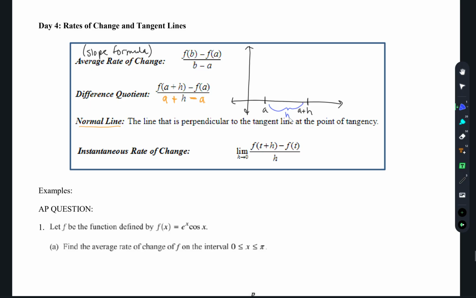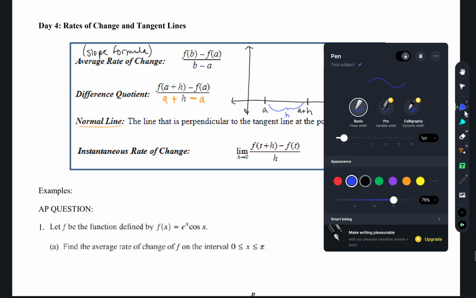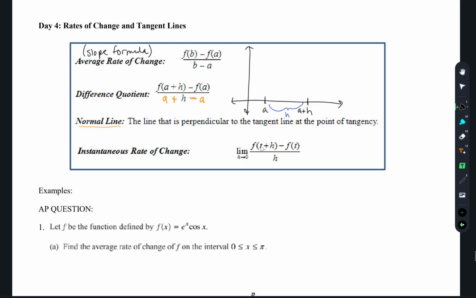You have your curve and a point here, which would be f of a, and then a point here, which would be f of a plus h. An average rate of change is the slope between them.